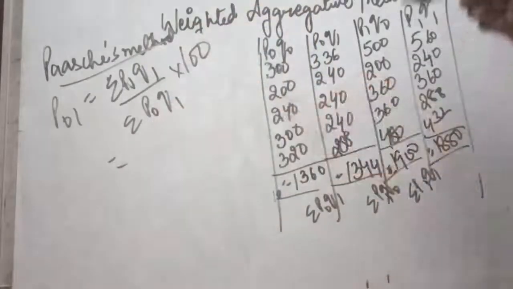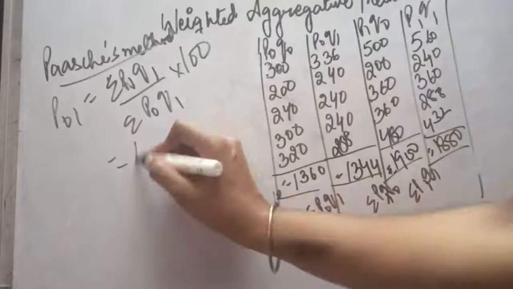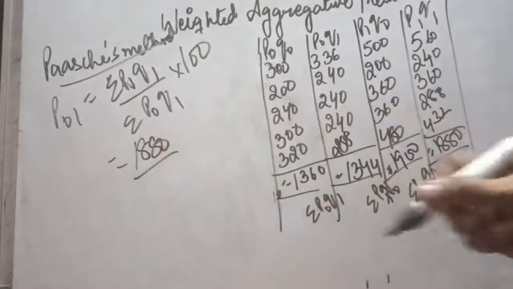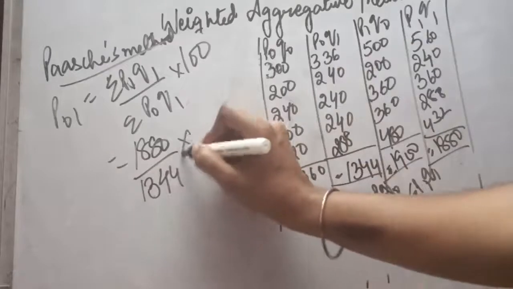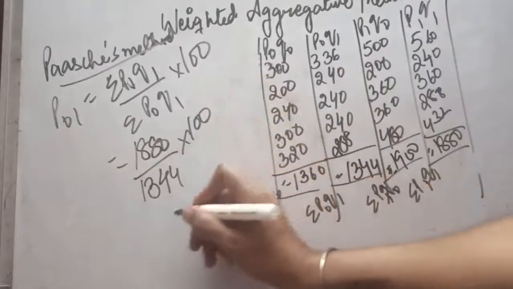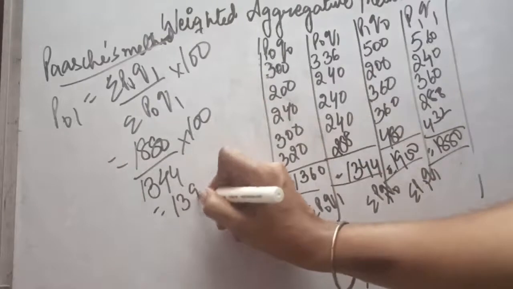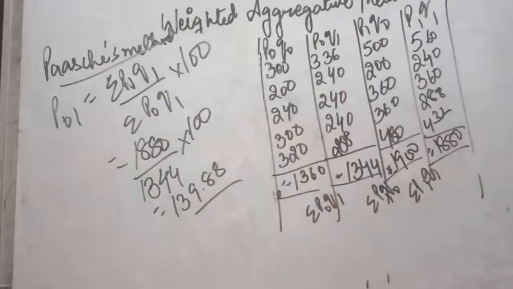So sigma P1 Q1, if we look at this table, is 1880. P0 Q1 is 1344 into 100. When you solve it, it comes out to be 139.88. This is our second answer. Let us see the next formula.